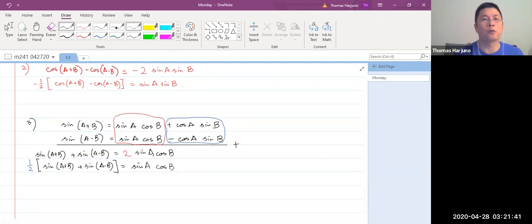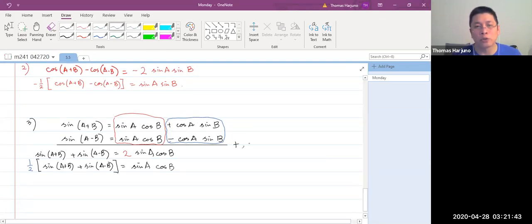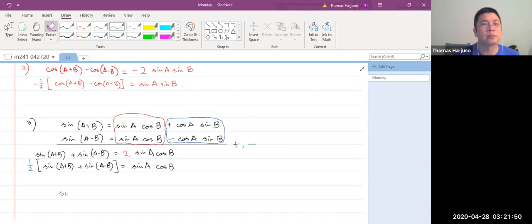And to prove formula 4, we will subtract. When we subtract, we will get sine sum minus sine difference.